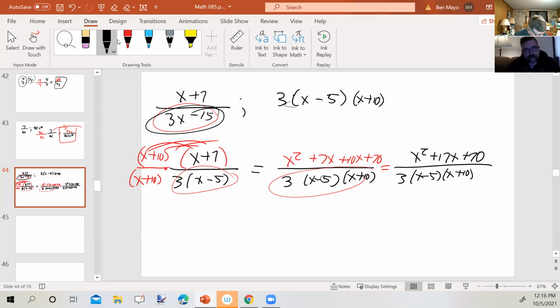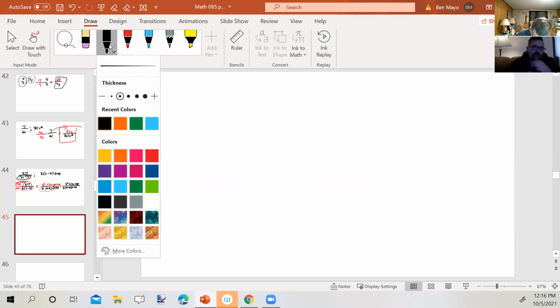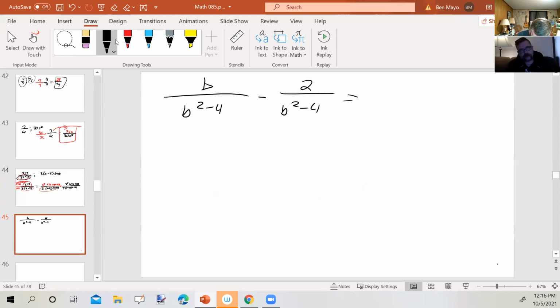Okay, let's see here. How are we doing for time? We got 4 minutes. Let's go back and do one of the previous examples. I've got b over b squared minus 4 minus 2 over b squared minus 4.